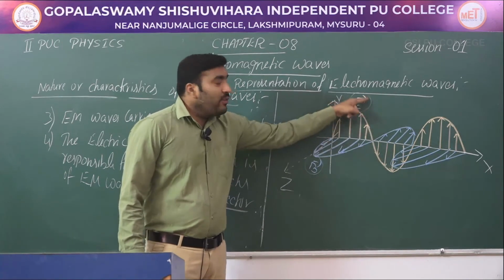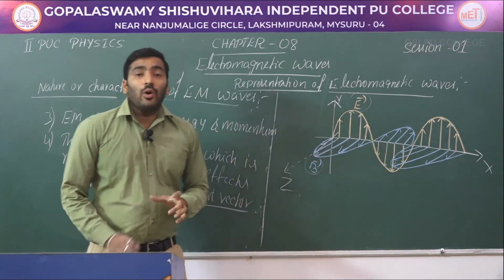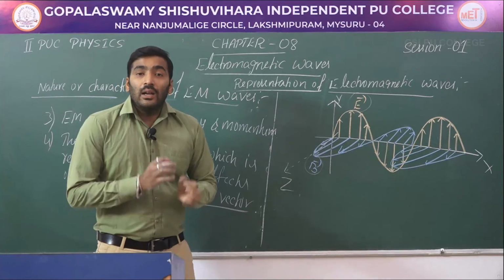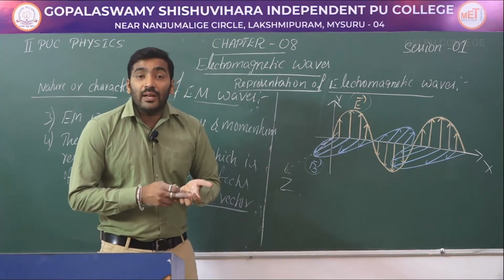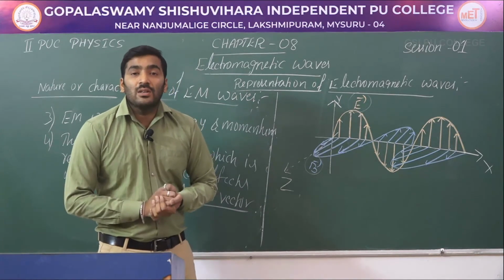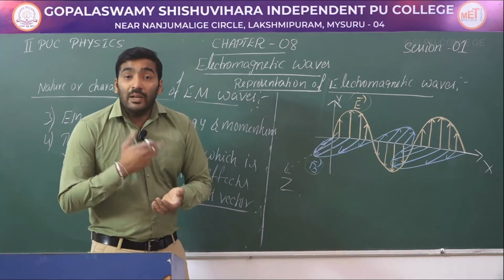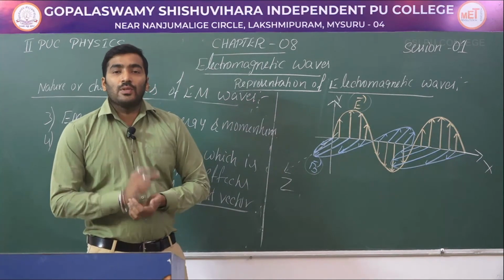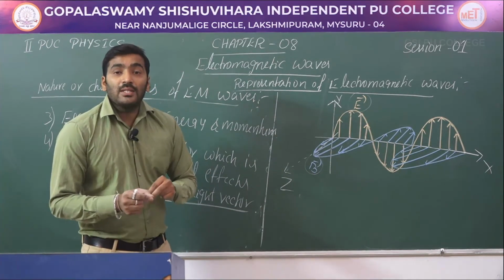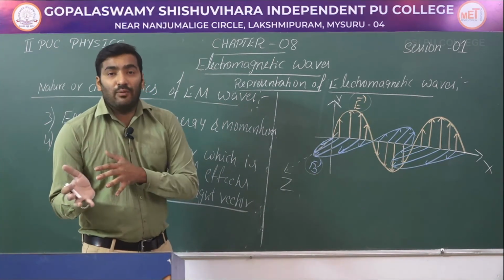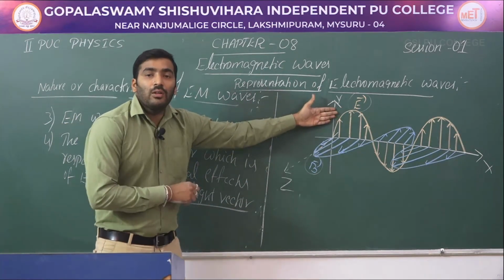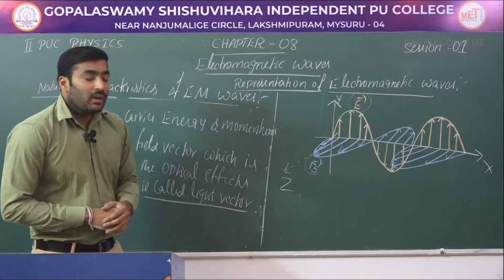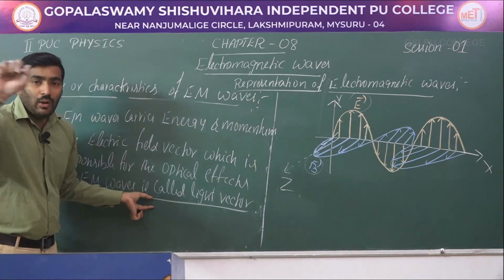So this electric field vector is responsible for the optical effects, like light undergoes reflection, refraction, interference, diffraction, polarization, and so on. A light vector is the one which is responsible for optical effects. So this is a one mark question for you.